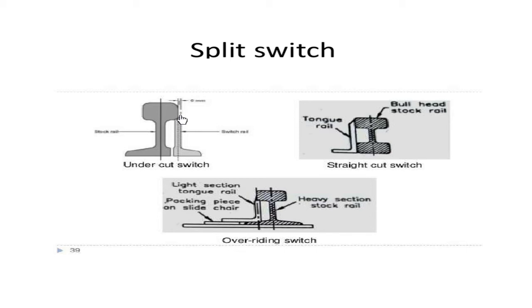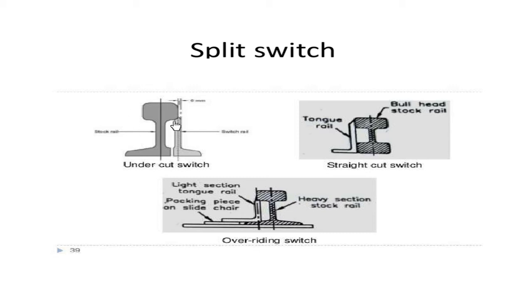Now this kind of switch, the undercut switch, is mainly used for narrow gauges, and the reason is that in narrow gauges the traffic will be very less. That is, much traffic won't be there. The reason why we use it for narrow gauges, you will understand from here: this portion is being cut.